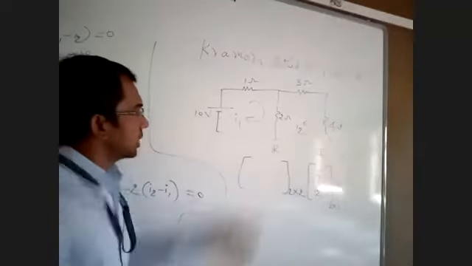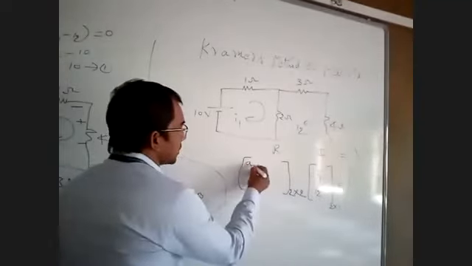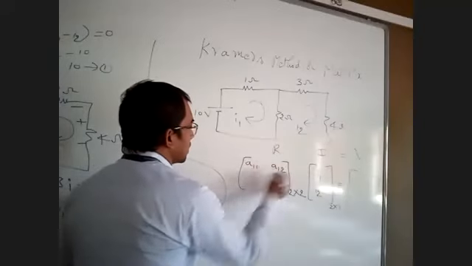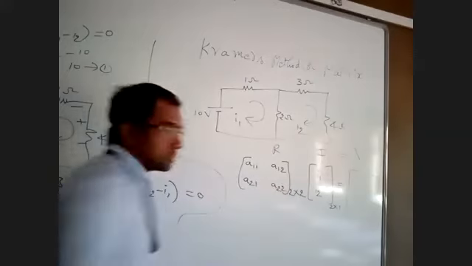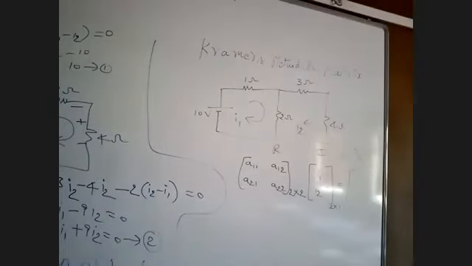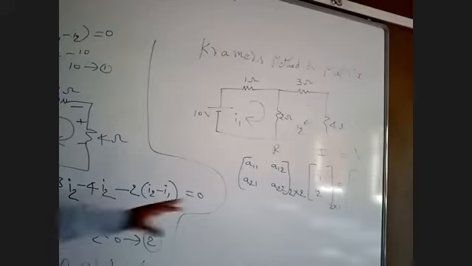In the resistance matrix, let us see A11, A12, A21, A22. Four elements are there.